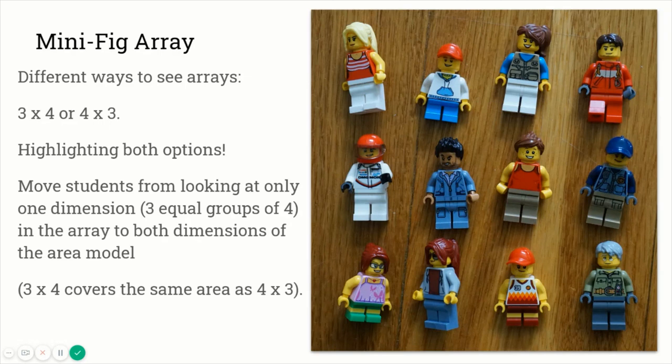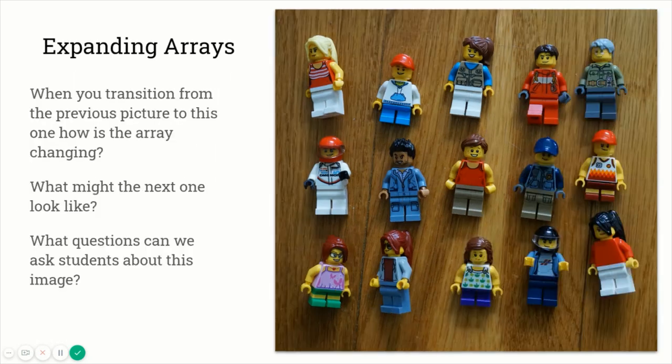So we want to move students from looking only at one dimension, which is 3 equal groups of 4, to an array of both dimensions, which is the area model, so that understanding that 3 by 4 covers the same area as 4 by 3. And this array of minifigs does that.